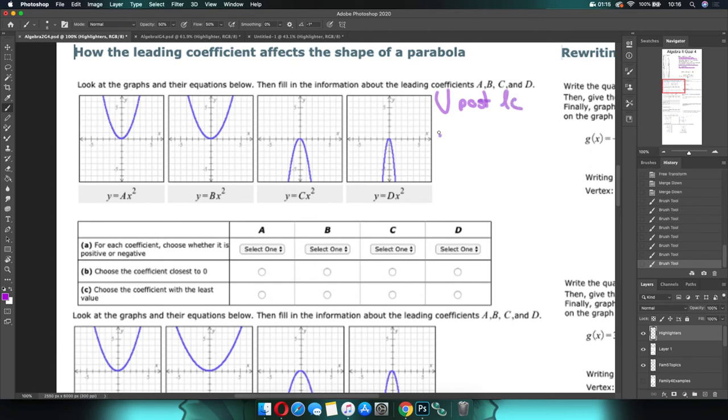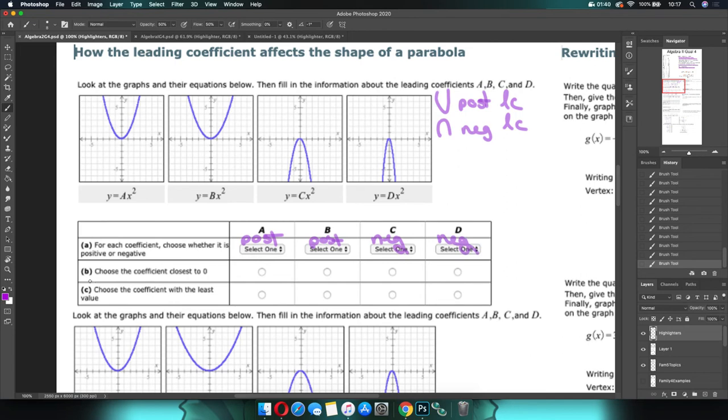If it is opening down, then it is a negative lead coefficient. So this is opening up, so therefore it's positive. This is opening up, so this is going to be positive. This is opening down, so that's going to be negative. That's opening down, so that's going to be negative.